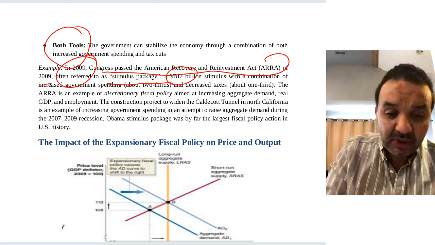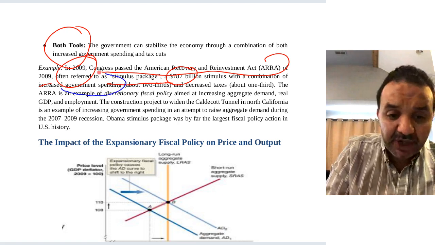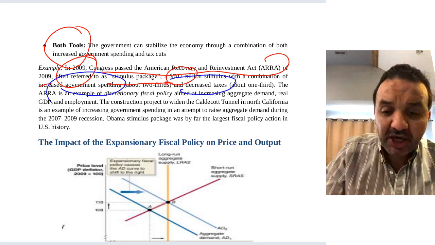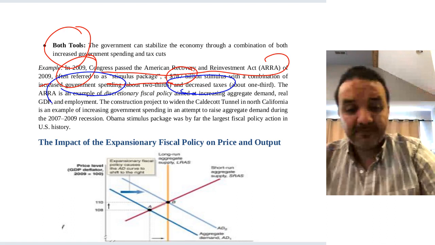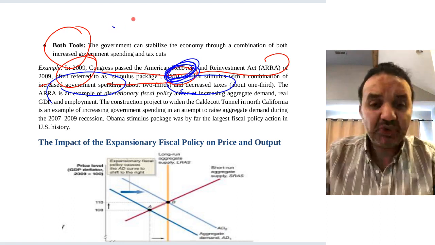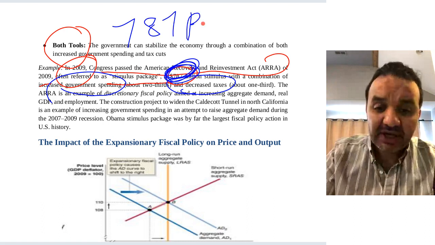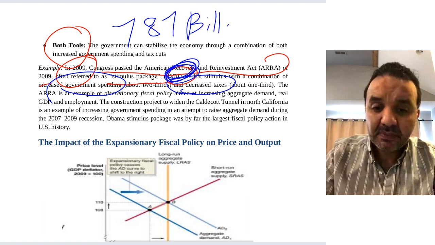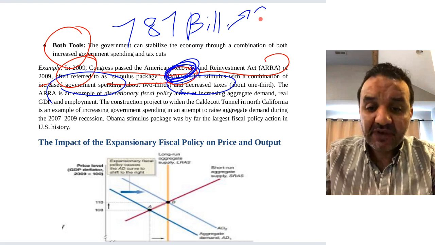This is what I want to focus on: increased government spending and decreasing taxes. So 2/3 of this 787 billion stimulus package was government spending and 1/3 was cutting taxes.